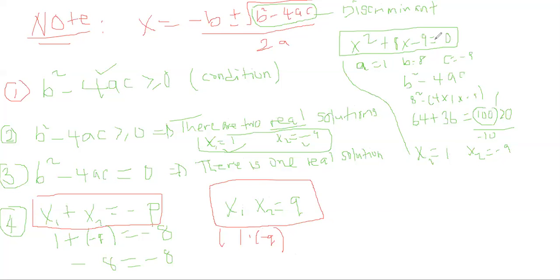And our q is minus 9. So 1 times minus 9 gives us minus 9, and the equation will hold.